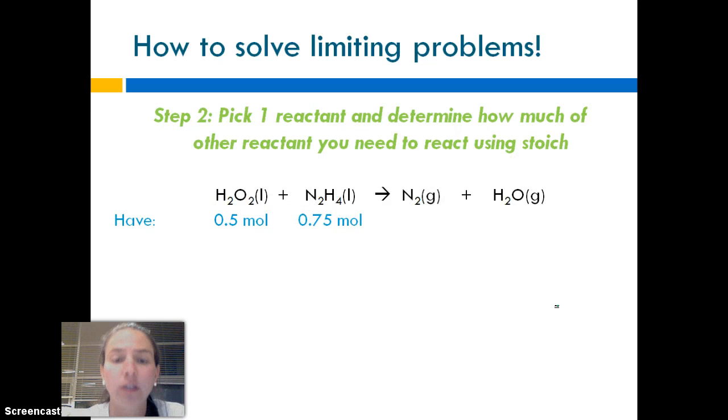The next thing we need to do is figure out how much I need. In order to do that, I'm going to pick one reactant and determine how much of the other reactant I need to use in order to react it. So this time I'm going to pick the H2O2, the hydrogen peroxide. So I have 0.5 moles of hydrogen peroxide.